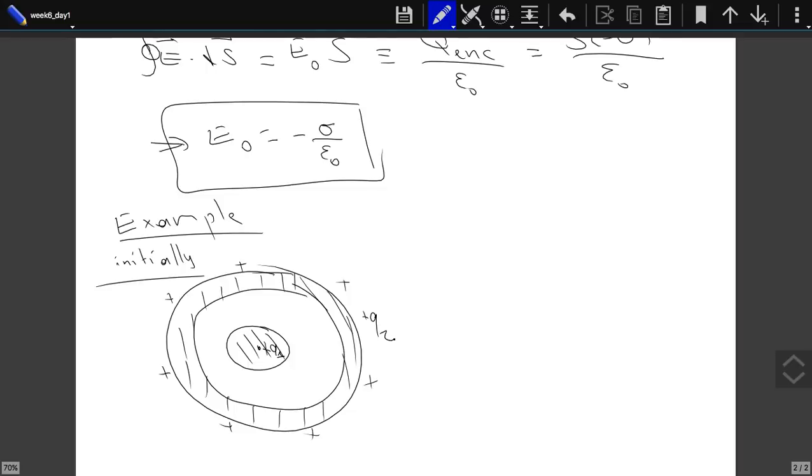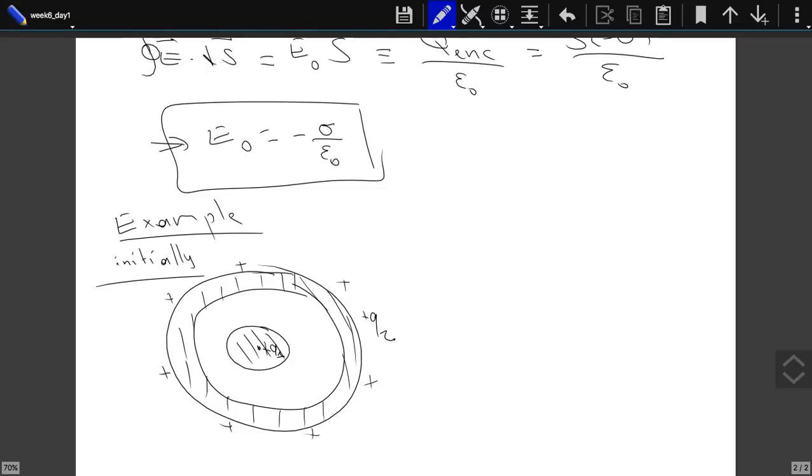Now, if these are insulators, well, nothing will change. The charges will stay where I put them because they are not free to move. It's an insulator. So what will happen is, of course, ignoring the effects due to its dielectric properties, we can say that the total electric field here will be as if there is a charge Q1 plus Q2 at the center.